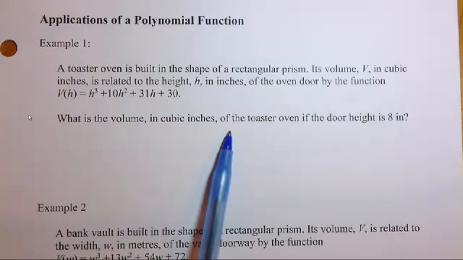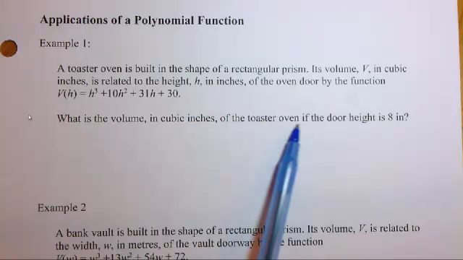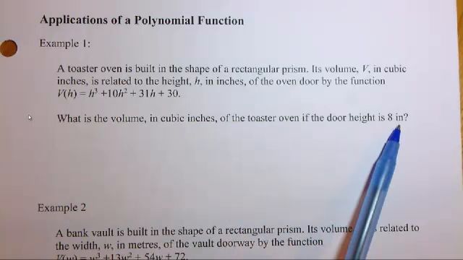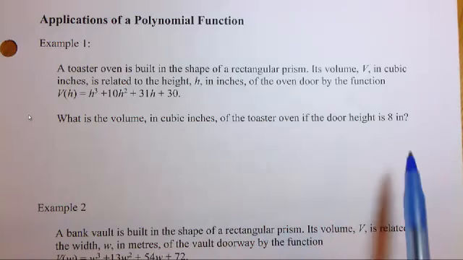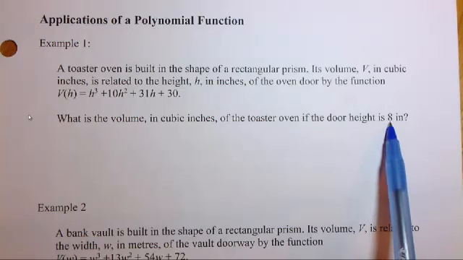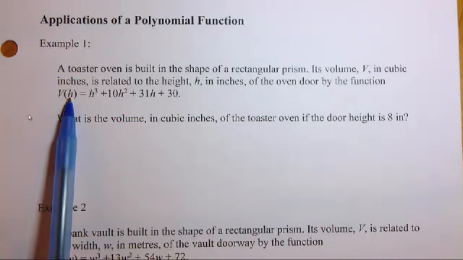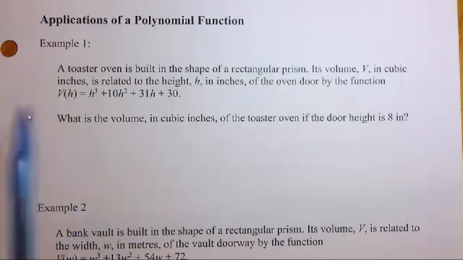Now, what is the volume in cubic inches of the toaster oven if the door height is 8 inches? So we're going to take 8 as our height and substitute into this equation here and solve.